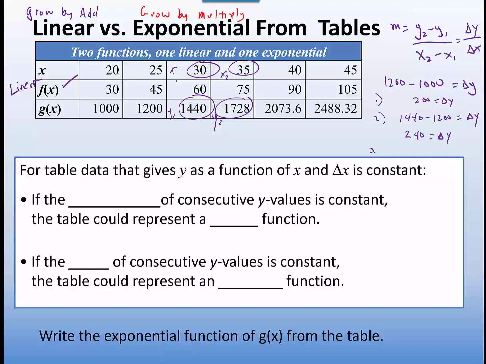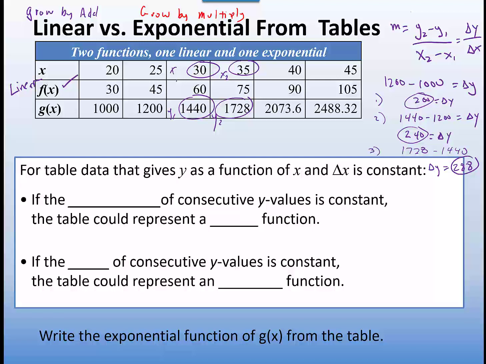But on my third pair, I'm going to find delta y. So I'm going to subtract 1728 minus 1440. And then when I do this calculation, 1728 minus 1440, I get delta y equals 288. Every time the change in y is different.